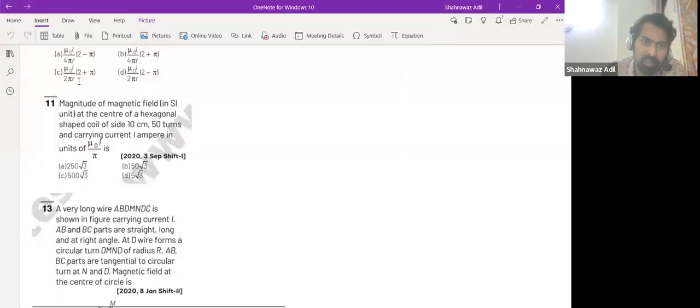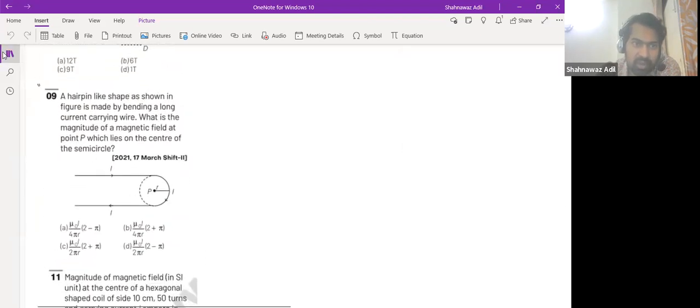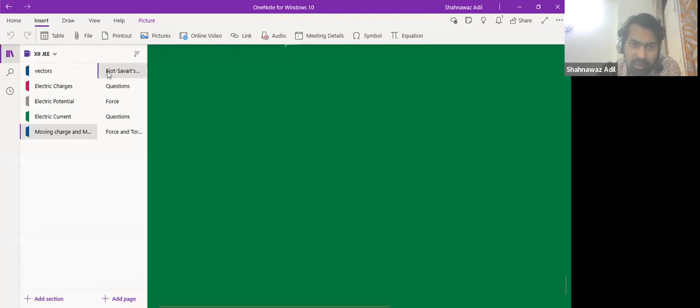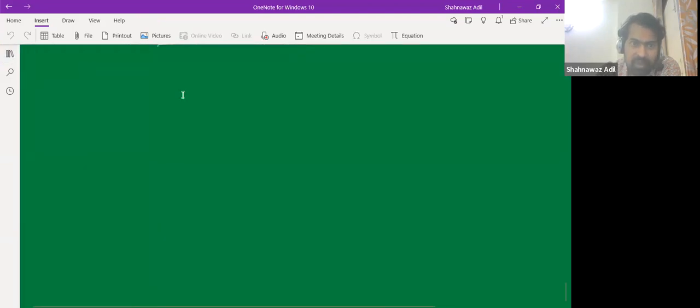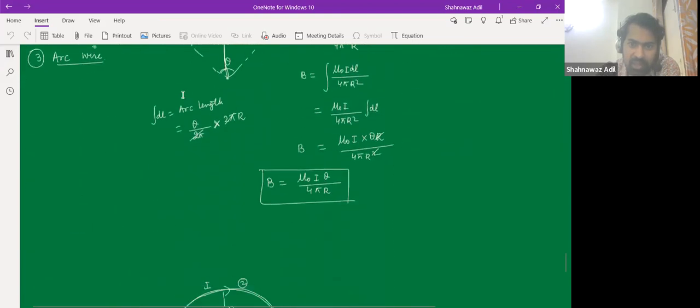So in the previous class, we calculated the magnetic fields of straight wires, and we also talked about the magnetic field of circular wires at different angles. So this was the last thing, right?